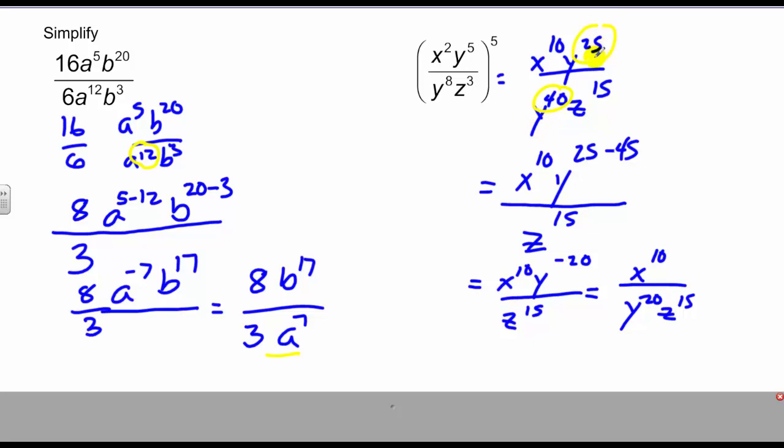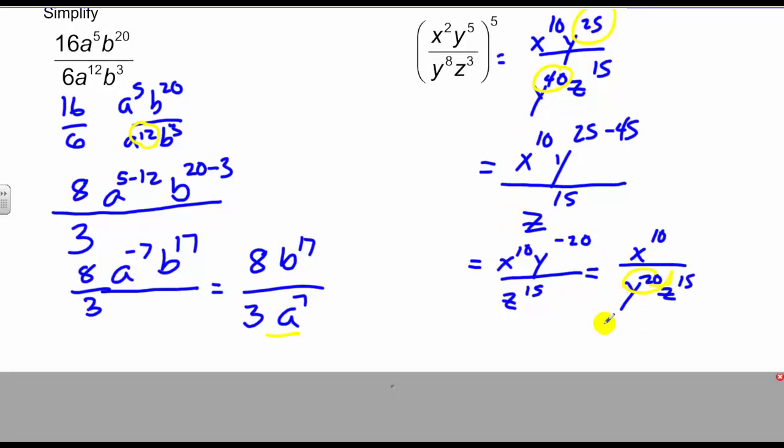Subtract 40 minus 25, I get 20. Notice where it appears. In this problem over here, I have 20 and 3. Take 20 minus 3, get 17. Notice where it appears. In each case, you'll notice the answer appears wherever the greatest exponent is after subtracting, if that makes any sense to you.